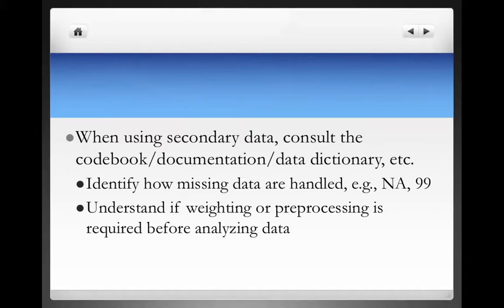Sometimes it's a 99, which I don't really know where that comes from, but if you have 1, 2, 3, 4, and then you have 99, that is really going to confuse your software. So you want to know if there's missing data, and if it's coded as an NA or a 99, you're obviously not going to want to analyze those in the same way as people that did respond in a way that fits your coding scheme.